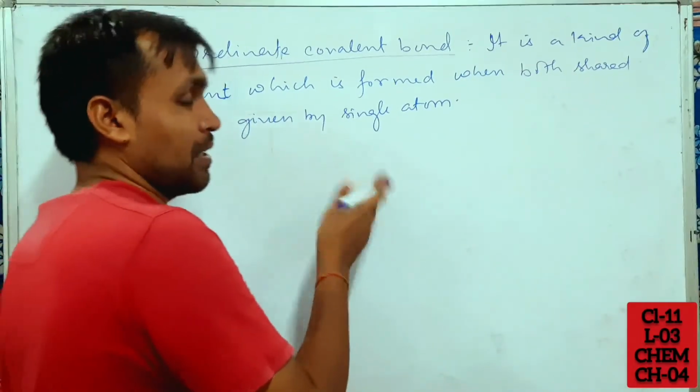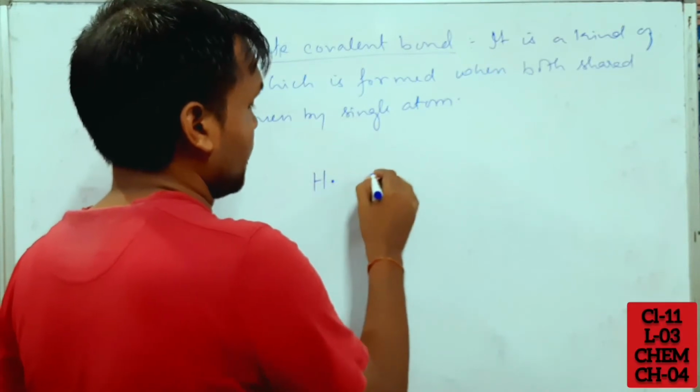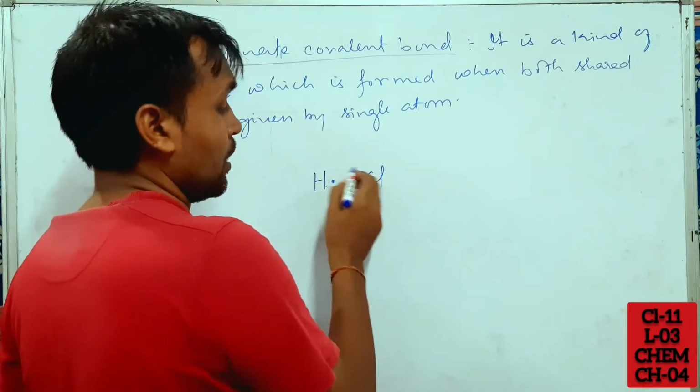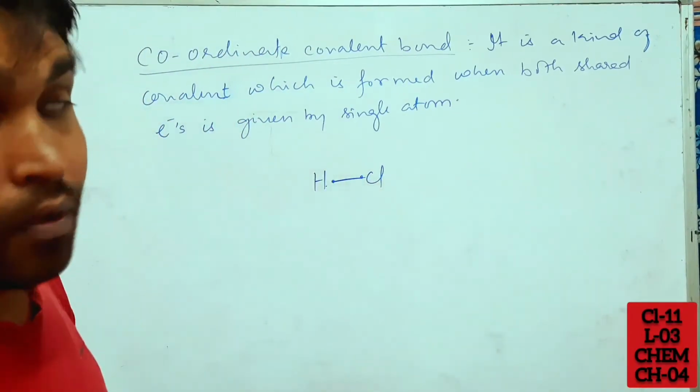That means here we have seen what a covalent bond was. In a covalent bond, suppose one electron is given by hydrogen and one electron is given by chlorine, so the bond is formed. This is called a covalent bond.